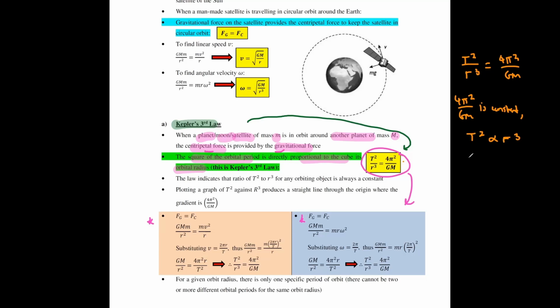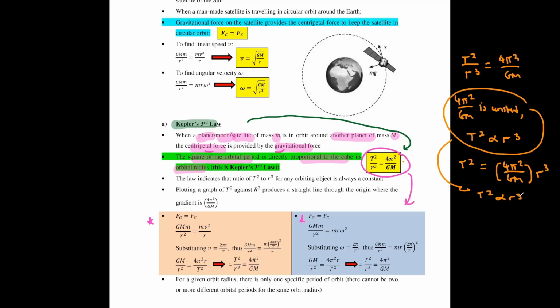Because I can rearrange this as T squared equals 4 pi squared over GM times r cubed. So if 4 pi squared over GM is constant, T squared is proportional to r cubed. So it's from here that you get this statement: the square of the orbital period is directly proportional to the cube of your orbital radius. That's what Kepler's third law is trying to tell you.